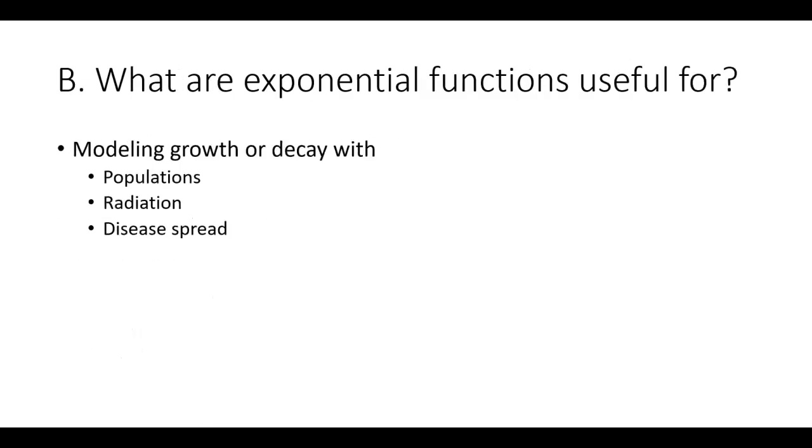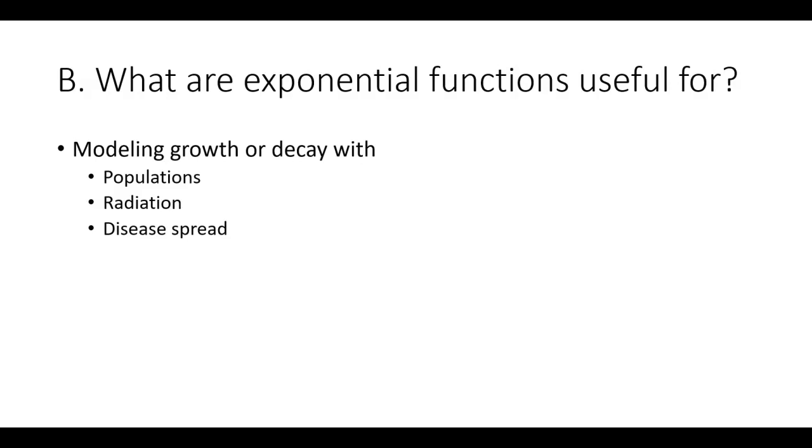All right. So what are exponential functions useful for? They're useful in describing how certain things grow or decrease, which in this case we're going to call decay instead of decrease over time. Population growth we model with exponential functions. Populations don't grow linearly. It's not like every year you have this many more people born.